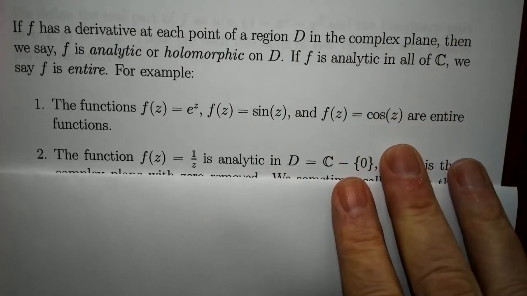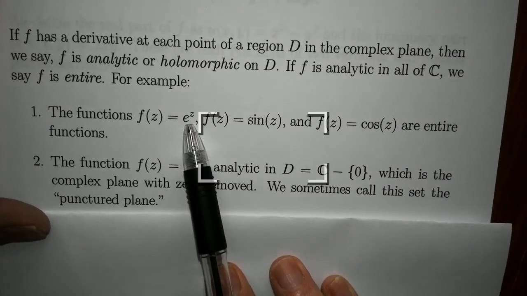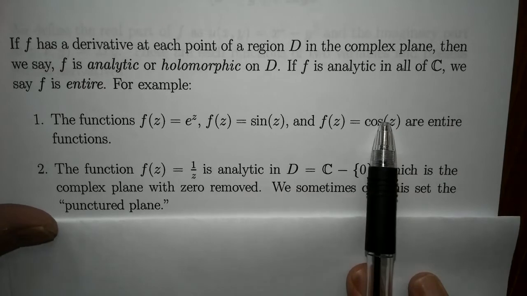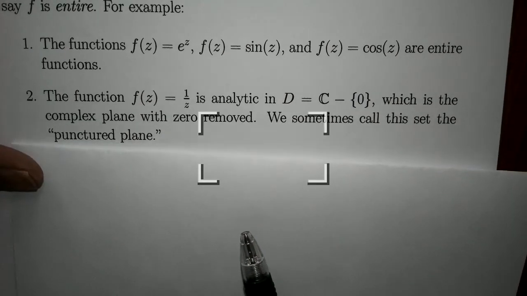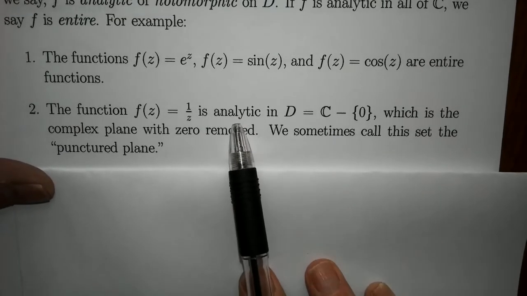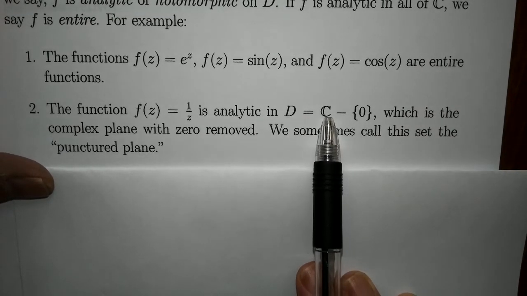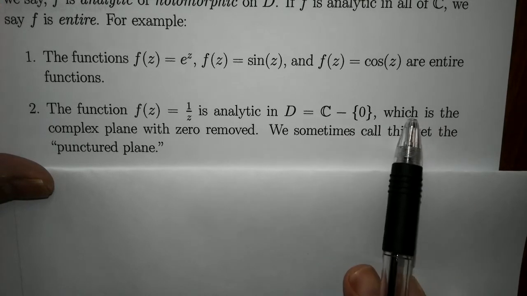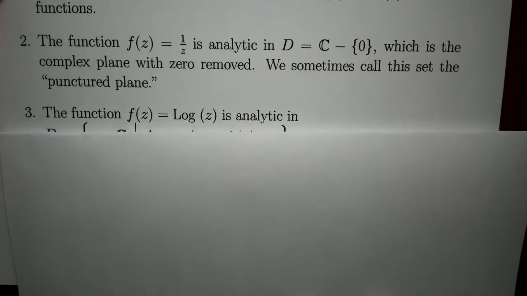For example, the functions f of z equals e to the z, sine z, and cosine z are all entire functions. The function 1 over z is analytic in the domain consisting of the complex plane with the origin removed. We sometimes refer to this as the punctured plane.